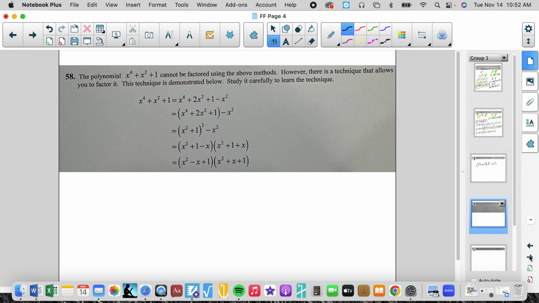So that's good. The polynomial cannot be factored using the above methods. However, there is a technique that allows you to factor it. This technique is demonstrated. This was pretty cool. That was pretty nifty. So you inserted some values.